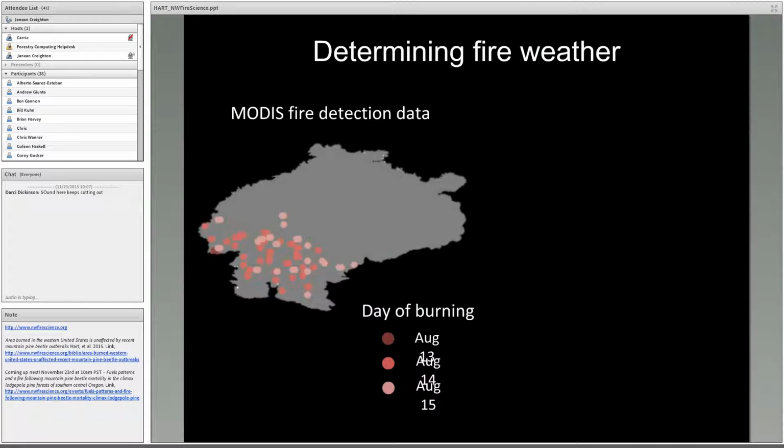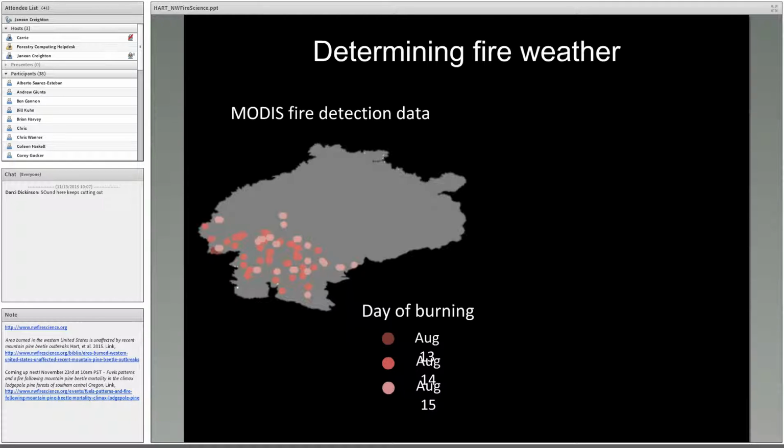Real quickly, I'm going to talk about how I actually got to fire weather. Because it's often difficult to get daily or real-time indices of the weather conditions a fire is burning in, I acquired MODIS fire detection data, which displays the actual day of burning for all these points. It tells you when a pixel's temperature was hot enough to indicate that it was burning.